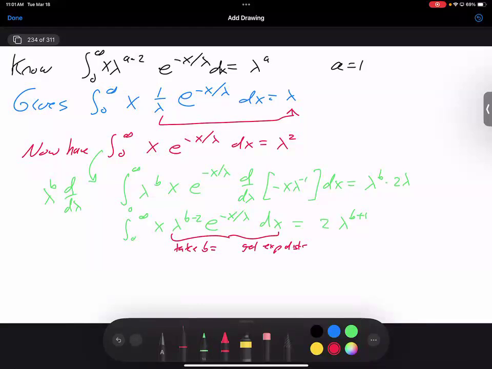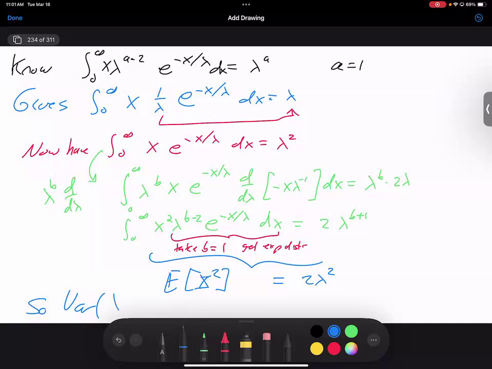We take b equals 1 and we get the exponential distribution. So this, oh, sorry. This is x squared because we now have 2 x's. So this is now the expected value of x squared. And the right-hand side with b equals 1 is just 2 lambda squared.